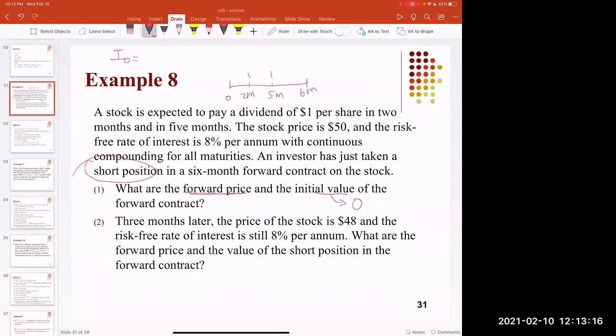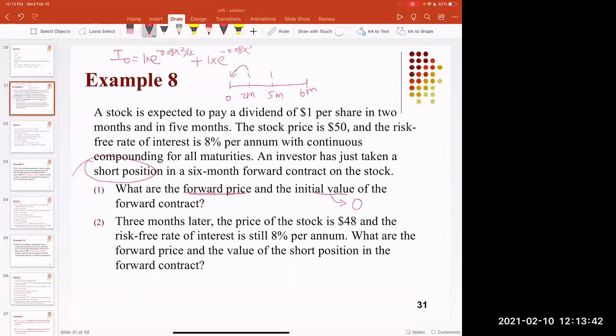I0 is calculated by discounting the investment income back to time 0. We use continuous discounting, with R at 8%. The first is 2 months, so 2 over 12, right? And the $1 is discounted.